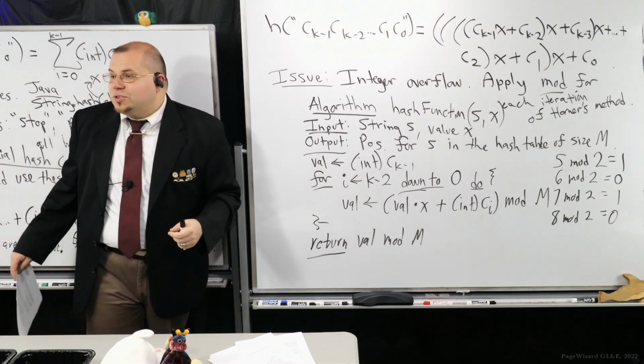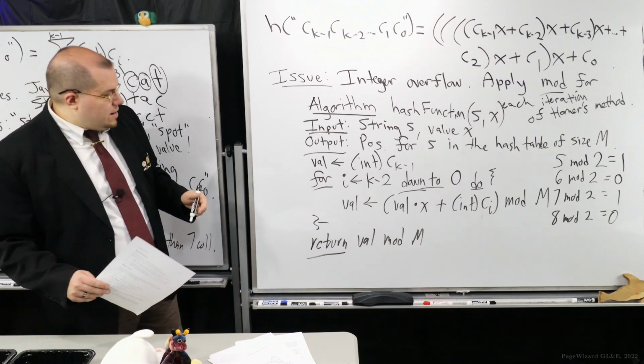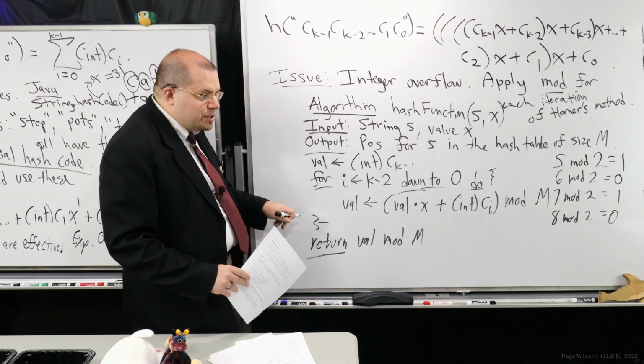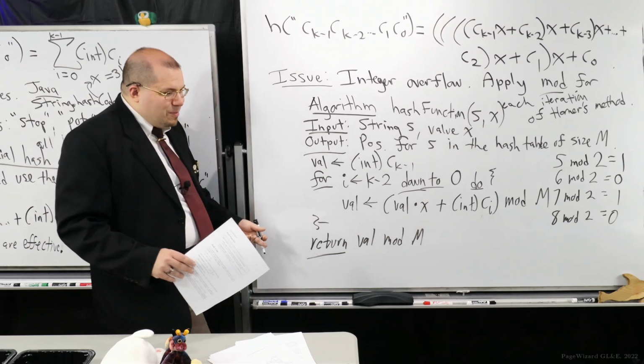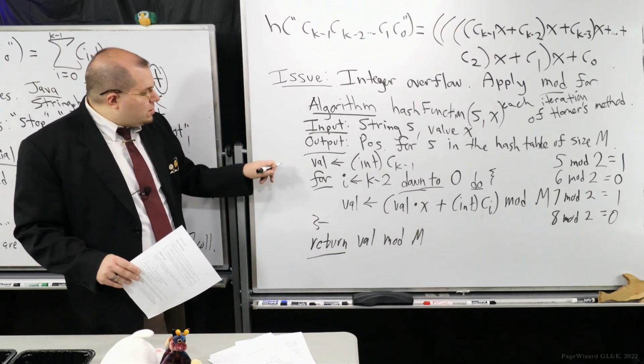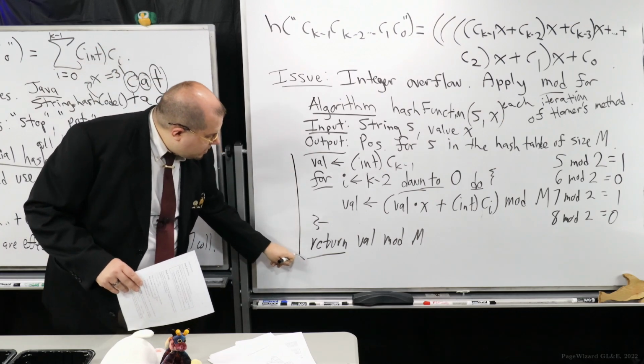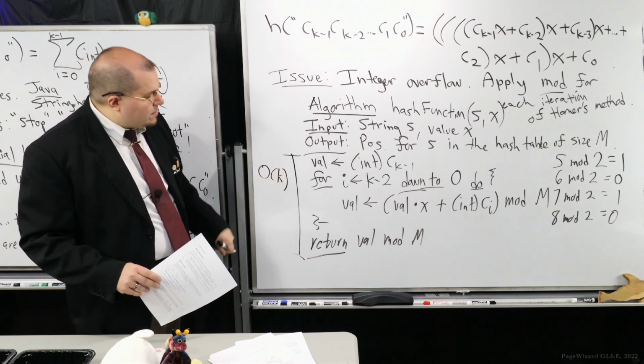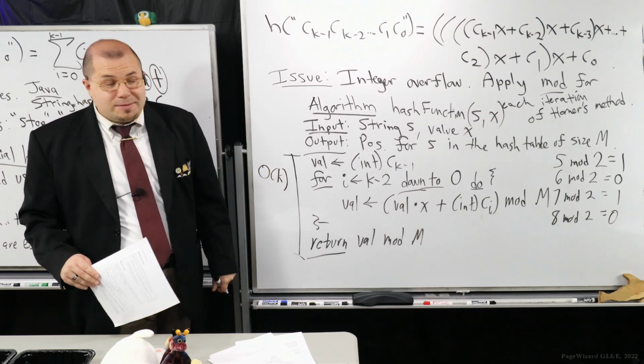Presuming that modulus takes constant time, this all takes big O of k operations. And the last part is just a modulo operation. So if we're keeping things simple, the time complexity is big O of k.